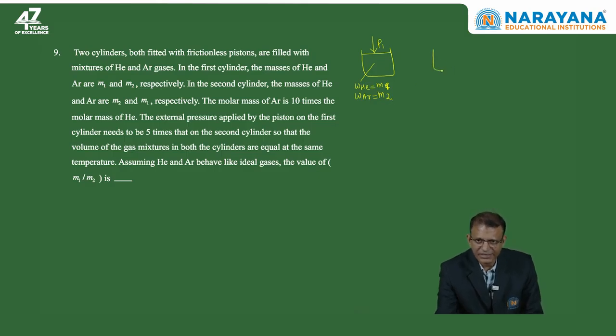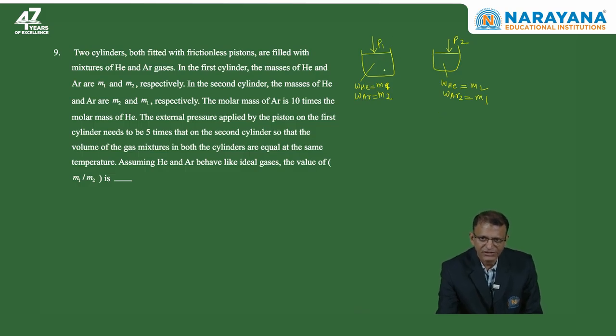In the second cylinder, the pressure is P2 and the masses of helium and argon gas are exchanged. The mass of helium gas is M2 and the mass of argon gas is M1.